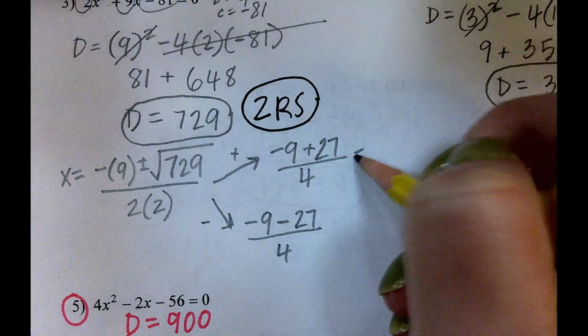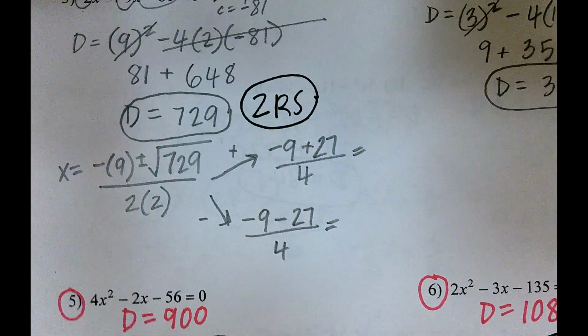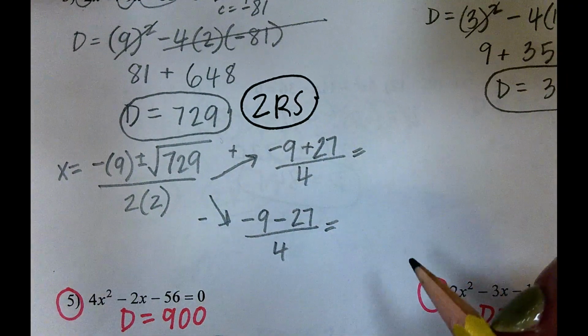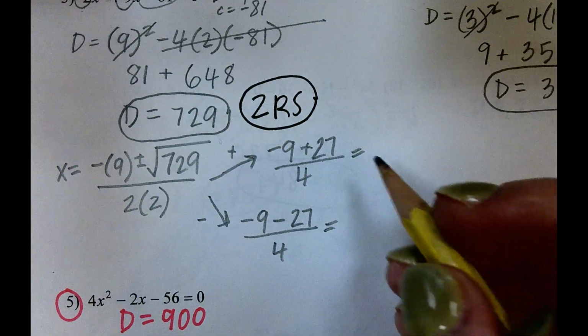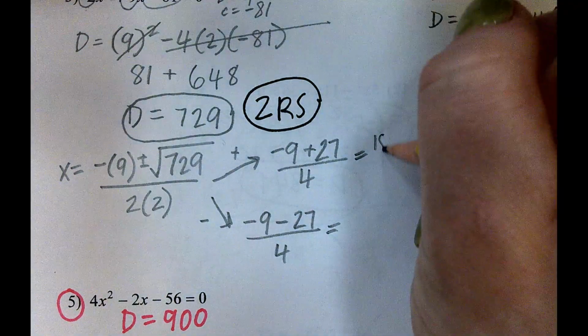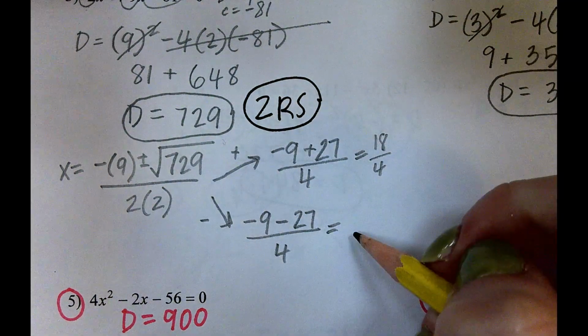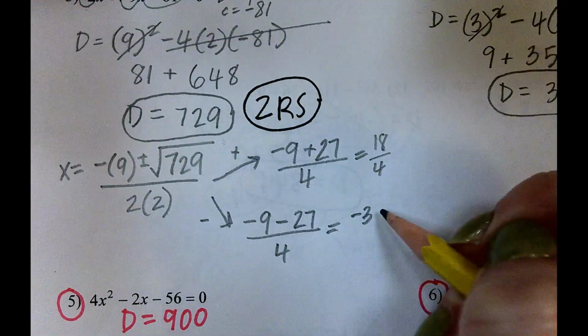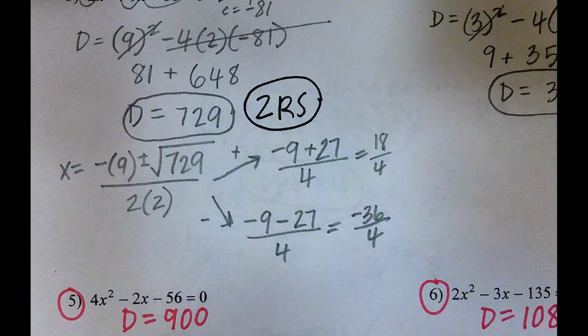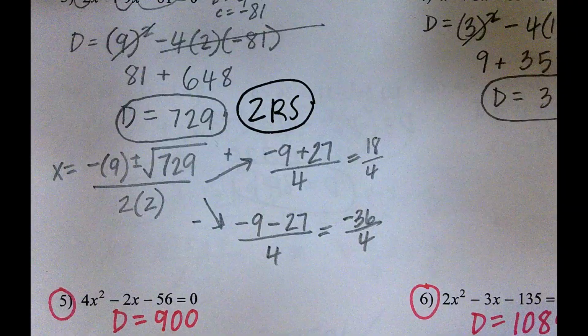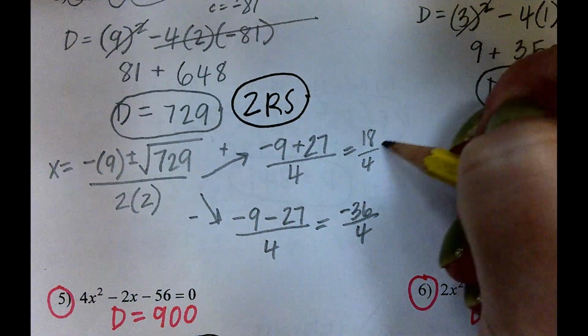Good. And then for the positive, I got 18 over 4. Negative, I got negative 36 over 4. Perfect. And the positive is 4.5.